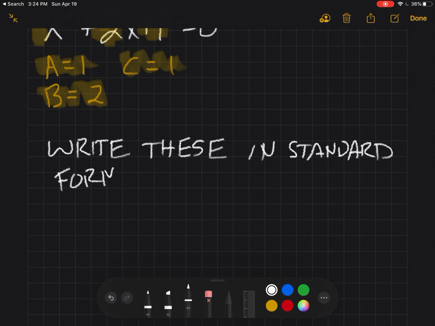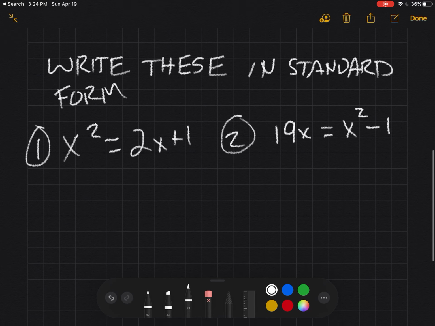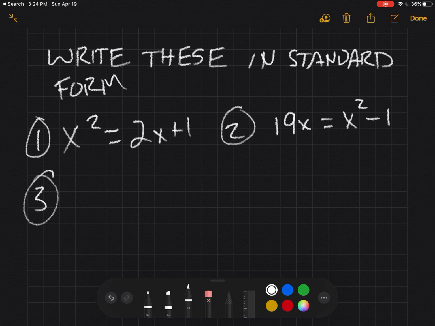Let's do a little exercise here. I want you to write these in standard form. So these are not in standard form. Let's say x squared equals 2x plus 1, and that'll be our first.